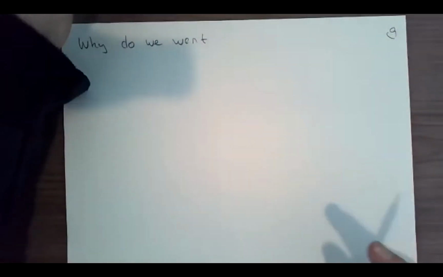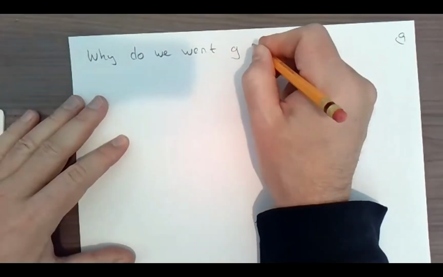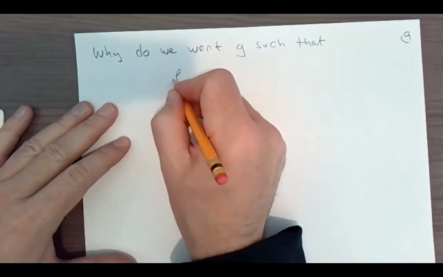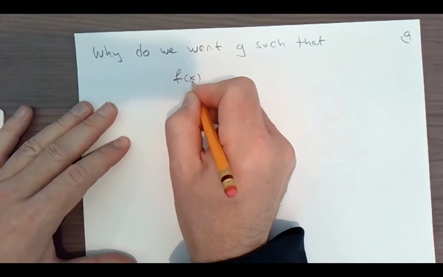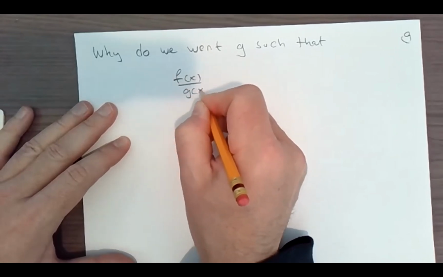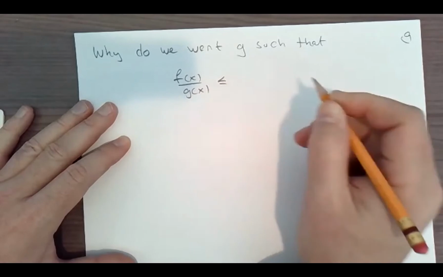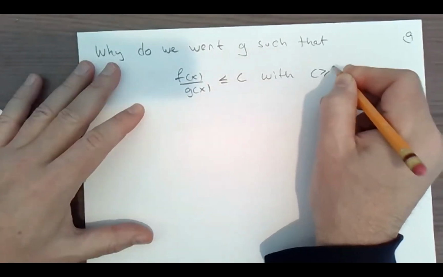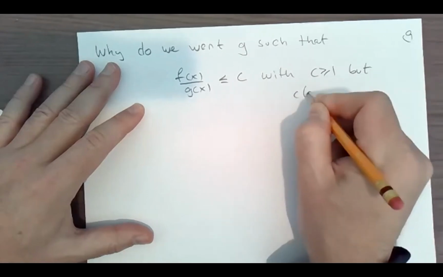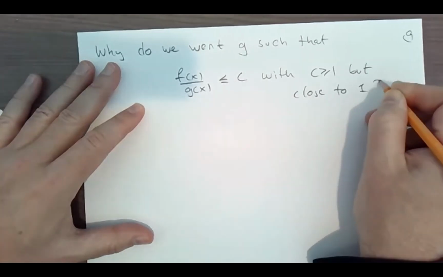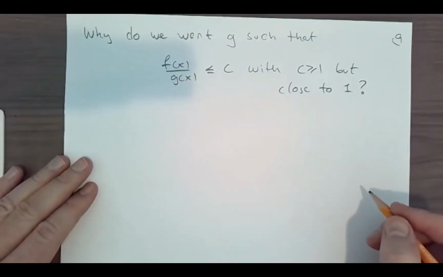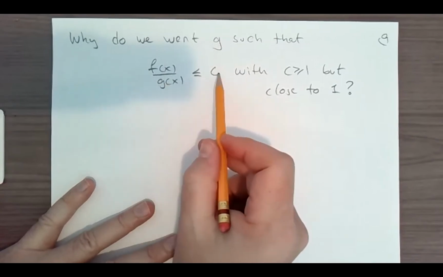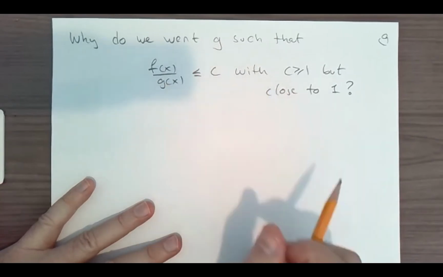Why do we want g such that f of x divided by g of x is bounded by c, with c bigger than 1 but close to 1? That's the thing that we can sample from. We want this ratio here to be bigger than 1 but close to 1.